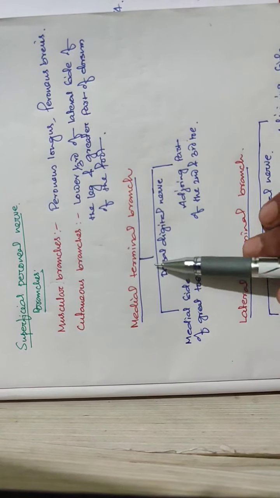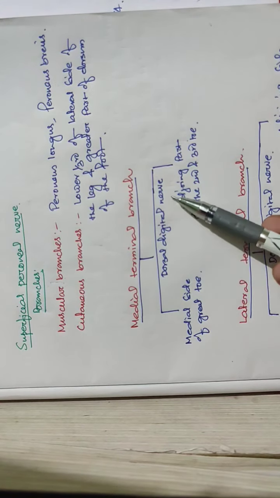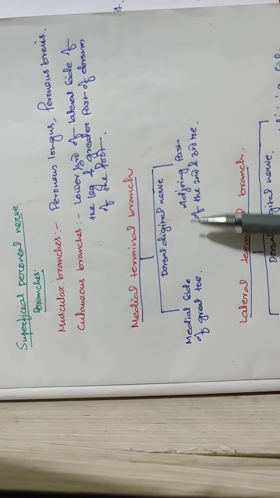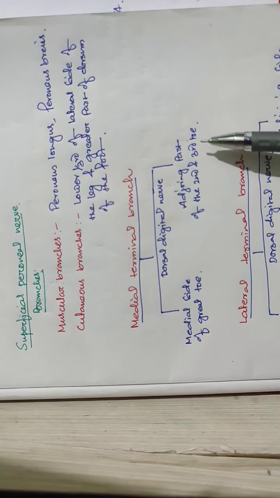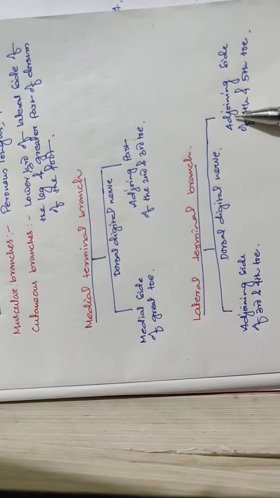The medial terminal branch again divides into two dorsal digital nerves. The first one supplies the medial side of the great toe, and the second supplies the adjoining part of the second and third toe. And the lateral terminal branch again divides into two dorsal digital nerves. The first one supplies the adjoining side of the third and fourth toe, and the second one supplies the adjoining side of the fourth and fifth toe.